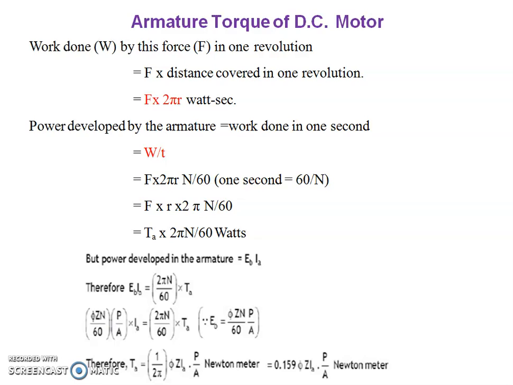Simplifying, you get TA equal to 1 by 2 pi into phi Z IA P by A. Upon simplification, 0.159 phi Z IA into P by A Newton meter. This is called the torque equation.